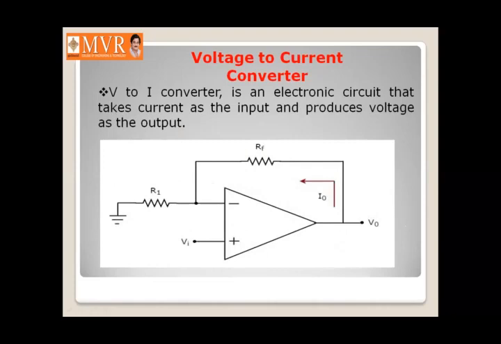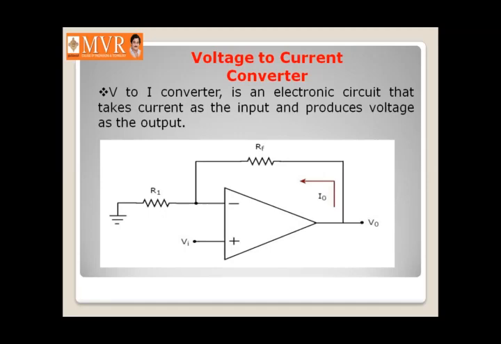We have two converters: one is a voltage to current converter, and another one is a current to voltage converter. First, we are going to discuss the voltage to current converter.